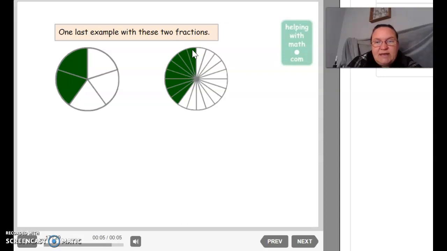So this is 20ths. And I've got 1, 2, 3, 4, 5, 6, 7, 8. So this is showing me 8 20ths. So 2/5 and 8 20ths. Well, if I think about my numerators, I can say 2 times 4 will give me 8. And my denominators, 5 times 4 will give me 20. So yes, I think they are equivalent.